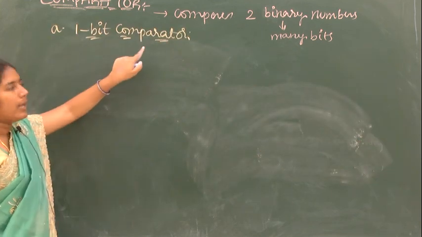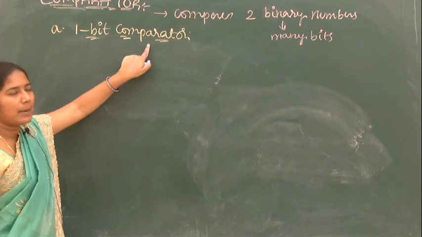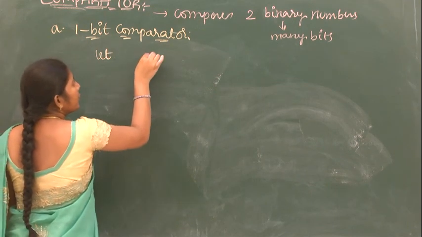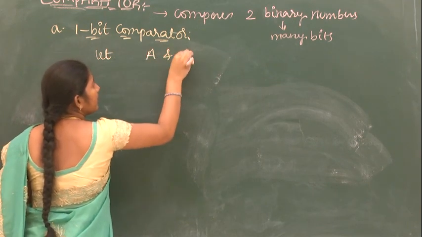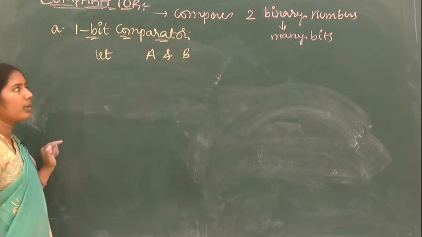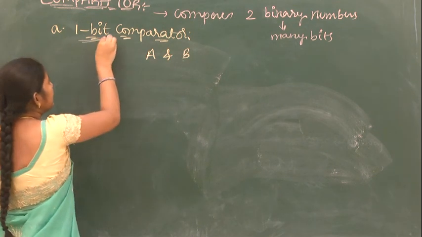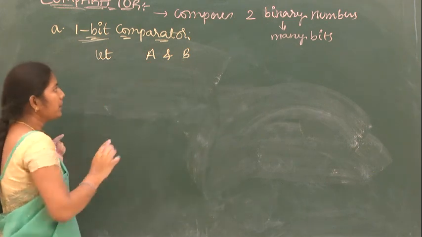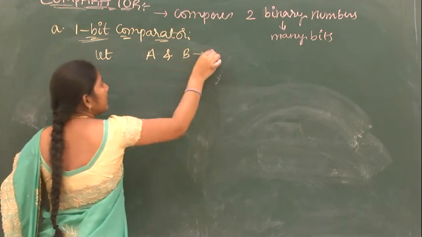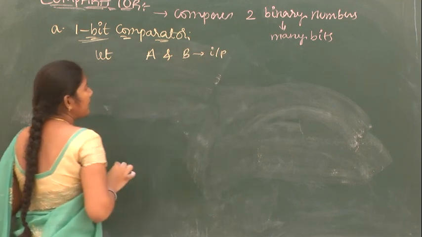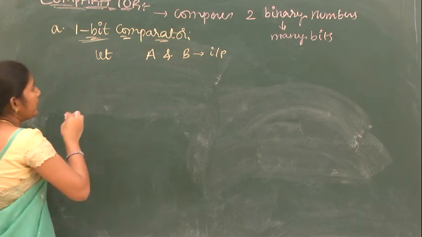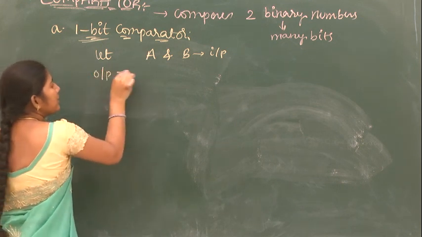As I said, a comparator compares two binary numbers. I'll consider the two binary numbers as A and B. Here it is a single bit, meaning A is a single-bit number and B is a single-bit number, right? So this is my input, which we need to compare, A and B. Then the possible outputs are what?